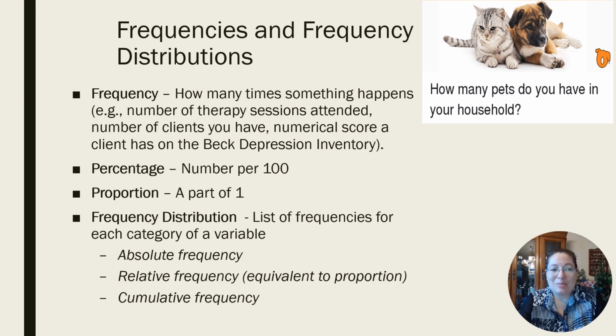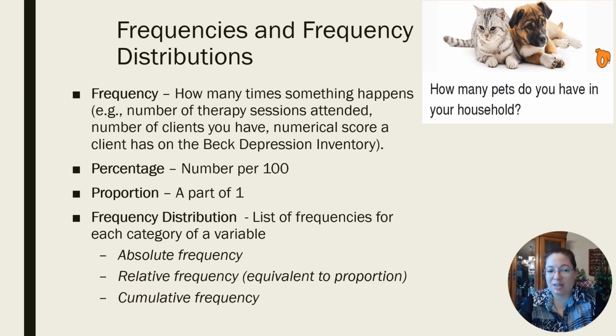So the simplest way to summarize our raw data is just to make a frequency distribution table. So in a table, we basically write how many times something happens for each participant in our data set. For instance, the number of therapy sessions attended, the number of clients you have, etc. We can also provide the information as a percentage, so that's the number per 100, or as a proportion where it's a part of 1.